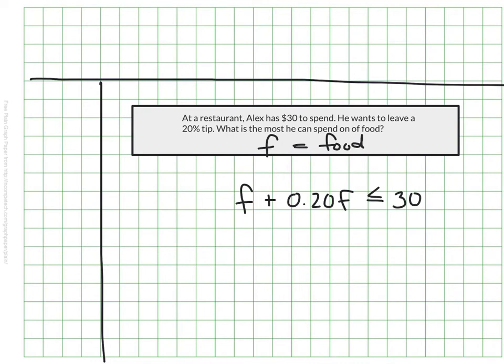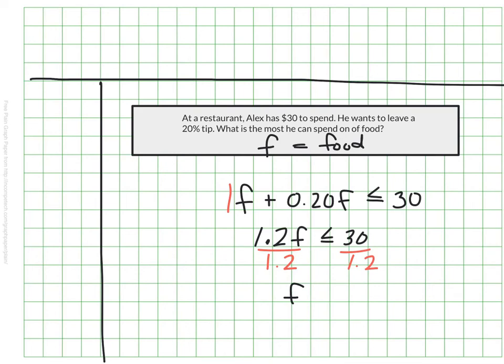So this is our inequality. And I'm just going to rewrite this here. This, of course, could be a 1. I'm going to combine my like terms into 1. I'm just going to do 1 and 2/10 F. I don't need that extra 0. Has to be less than or equal to 30. And then I can just solve my inequality. This is a positive coefficient, so there's nothing tricky here about it. I'm just going to divide by my coefficient.